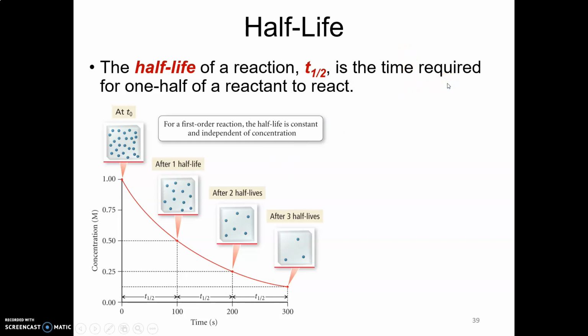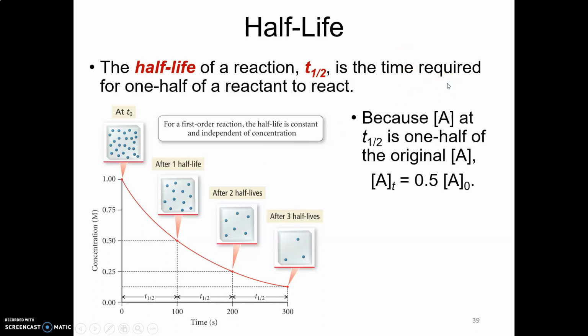If you're interested in radioactive materials and nuclear chemistry, all radiation follows first order kinetics. So it's all independent of the concentration, which makes it really easy for us to study. But let's now relate half-life to the labels that we've used originally. In our original equations, we represented the concentration of A after some given time as AT.